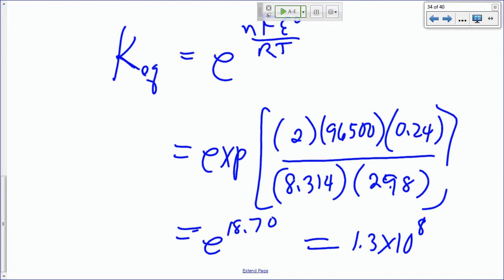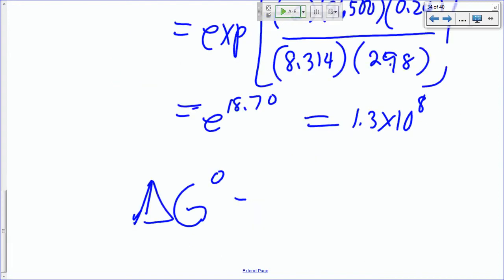Now, is that a large or a small equilibrium constant? Large K eq. That means products are favored at equilibrium. This is a reaction that you'd expect to go almost all the way to completion. So a positive cell potential means it will go far towards the product side. In fact, you can relate that to delta G naught.